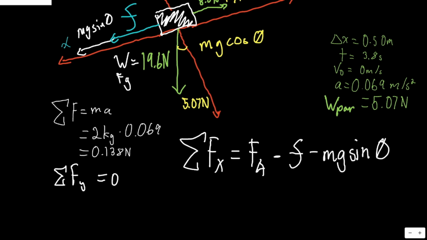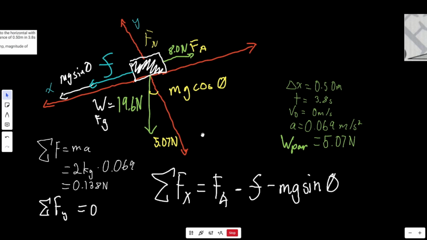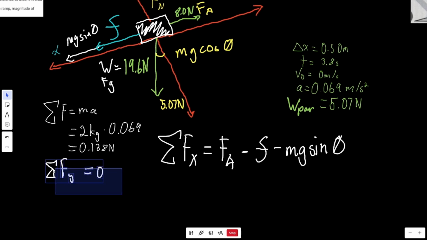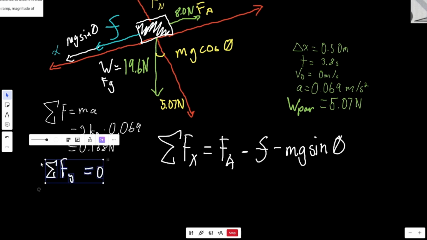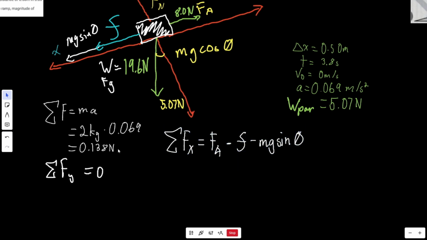And we solved for acceleration in the first part of this video. Next, we were also able to determine that there are no forces acting anymore on the y-axis. They cancel each other out because the normal force and the mg cosine force are equal to 0. So in other words, the summation of forces on the x-axis is also equal to the summation of forces in general.